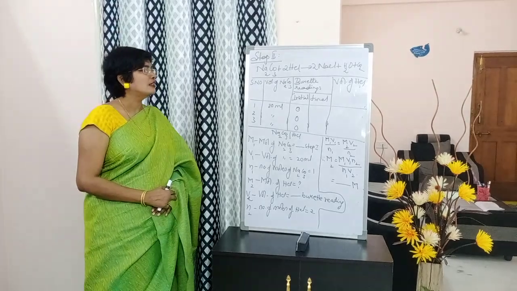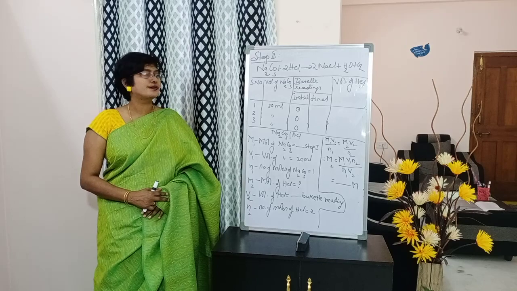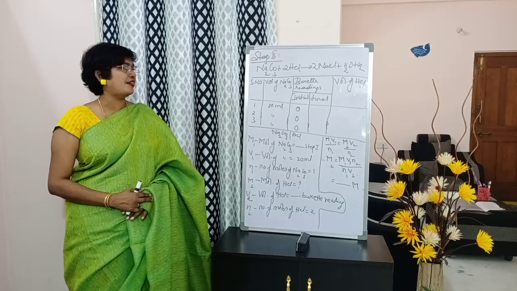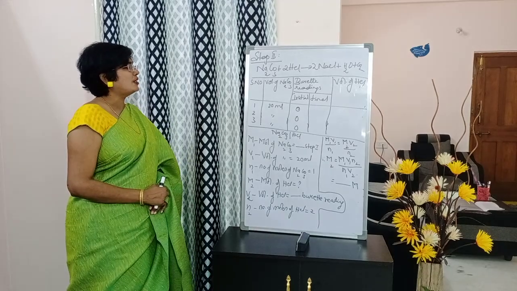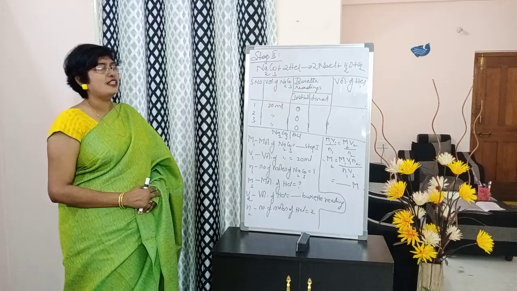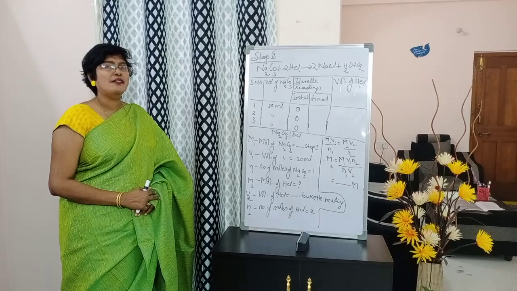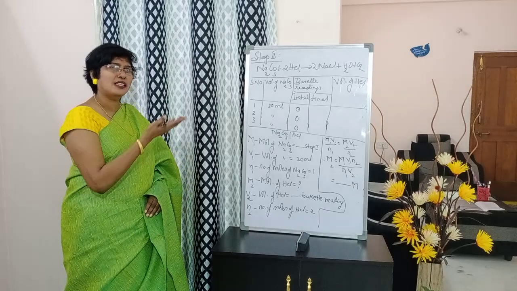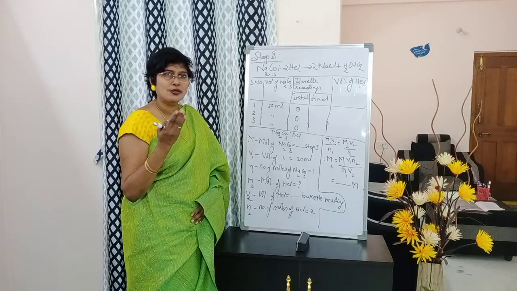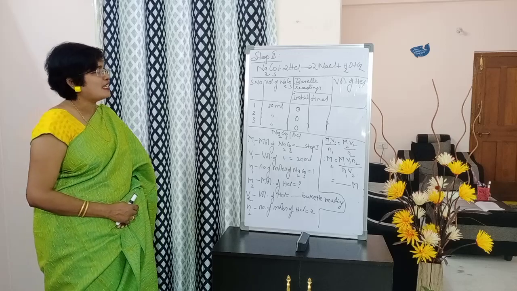It is an observation book, so maintain it neatly. Serial numbers 1, 2, 3, as we are doing 3 titrations. Volume of Na2CO3 taken is 20 ml, 20, 20. Burette readings initial 0, 0, 0. The final reading is where you get the end point, and we will know the values only after doing the experiment, so leave it blank.